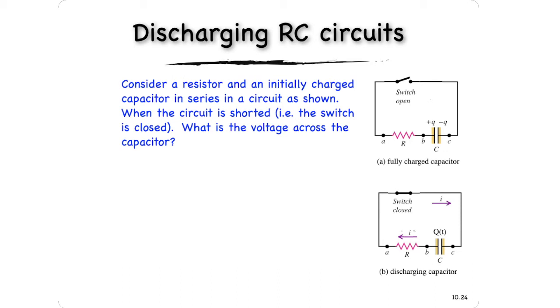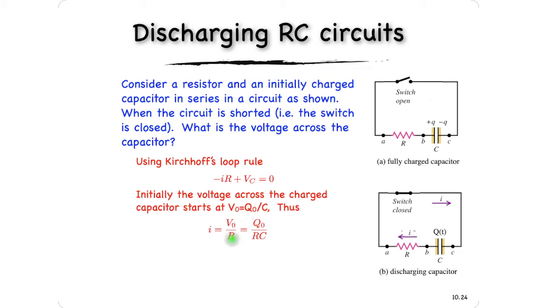And I can analyze this circuit using Kirchhoff's rules as well. I now have a voltage across the capacitor and a voltage drop across the resistor. Here's my voltage drop. Here's the voltage of the capacitor.